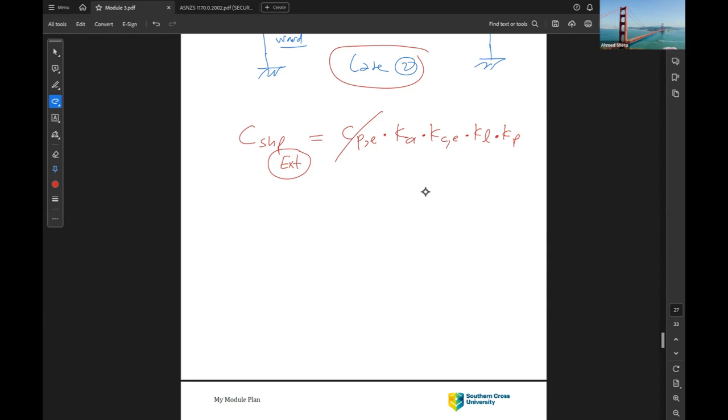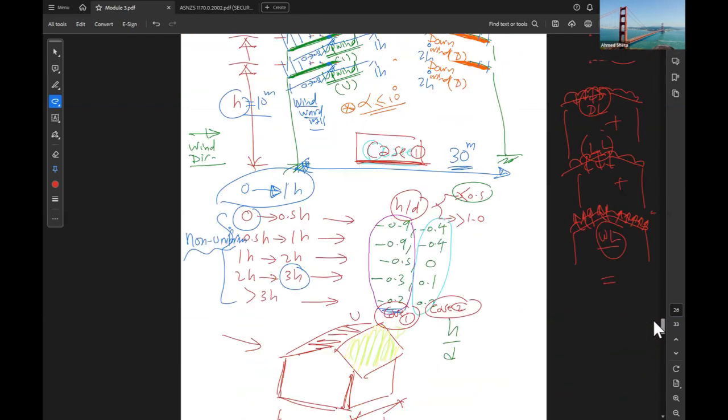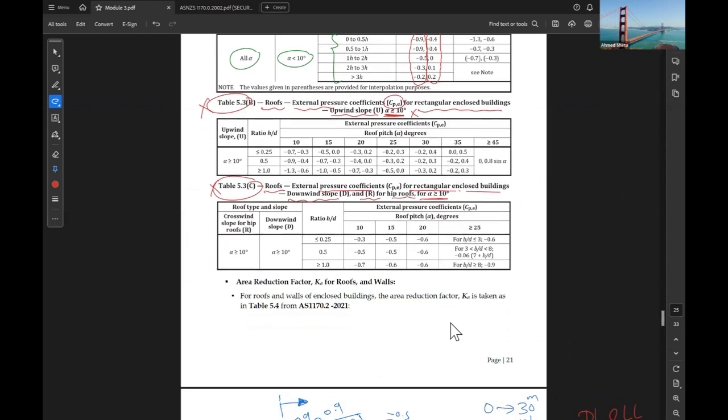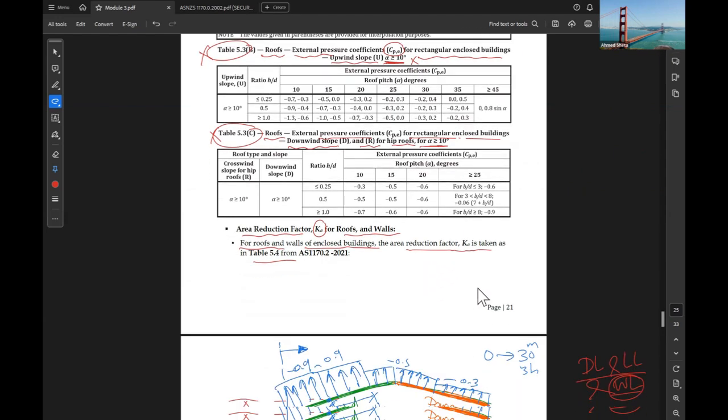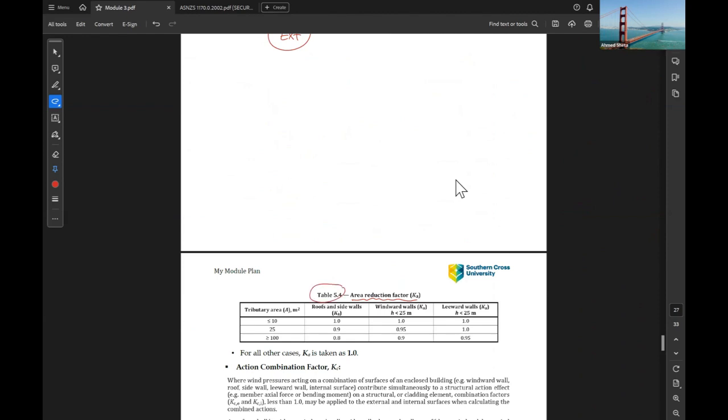So now we know CBE. We need to know the other parameters. So KA is the area reduction factor. The area reduction factor KA for roofs and walls of enclosed building is taken from this table 5.4.